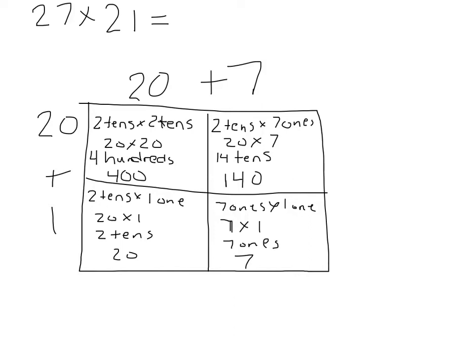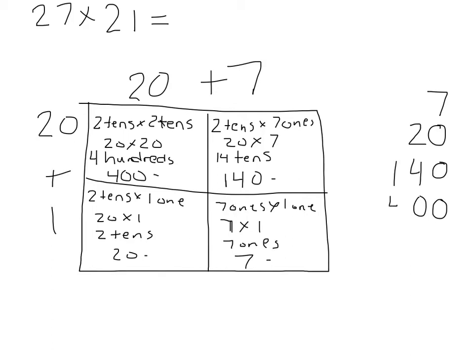The last piece that I have to do with this area model is I need to add up all the partial products. So that's 400, 140, 20, and 7. I like to start with the lowest number on top, so that way I can make sure they are lined up correctly. But I have a 7, and then the next one would be 20, and then the next one would be 140, and then the last one would be 400.